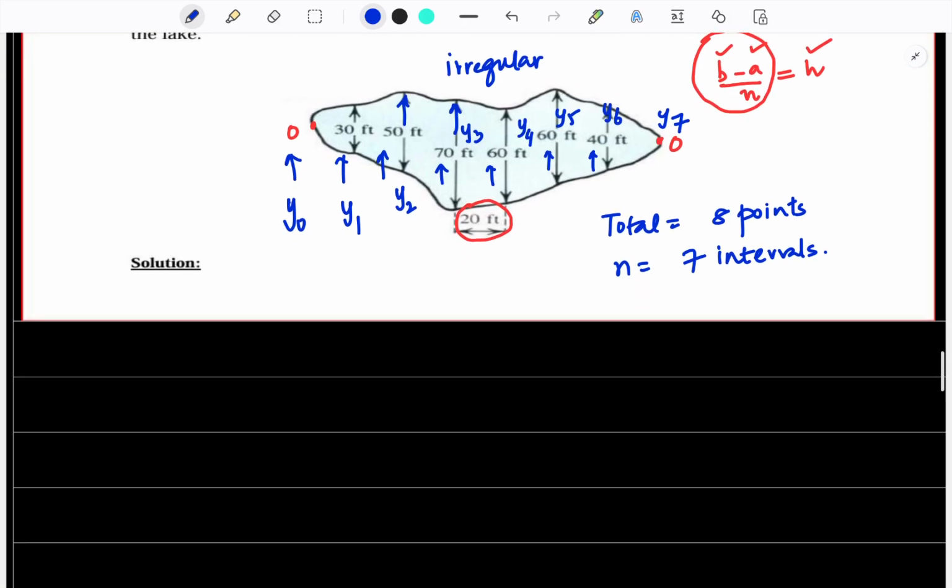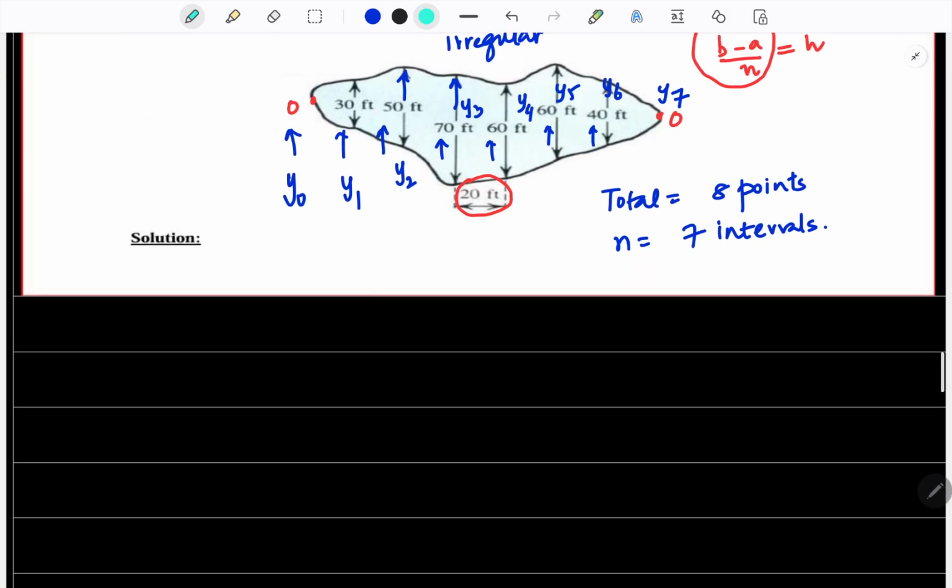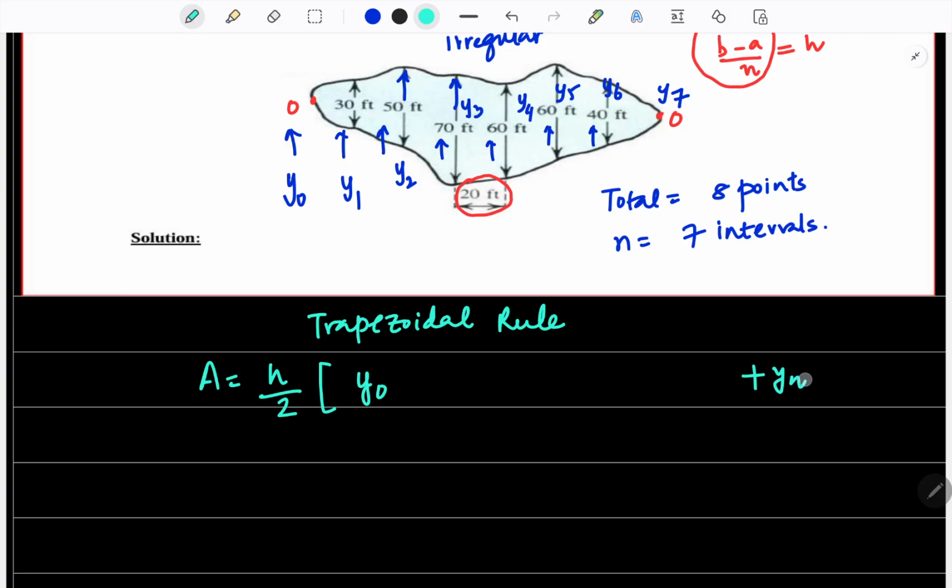So we got all the values. Area is equal to the trapezoidal rule. The formula is h divided by 2 bracket open y0 plus the last yn, and the remaining values are multiplied by 2.